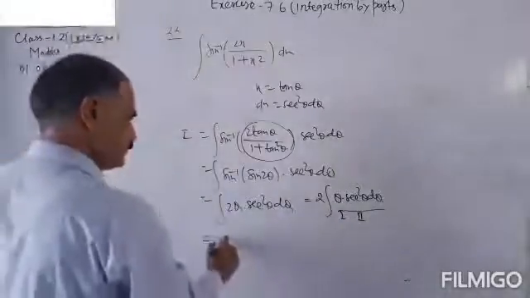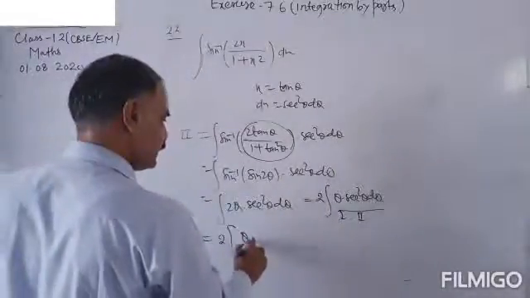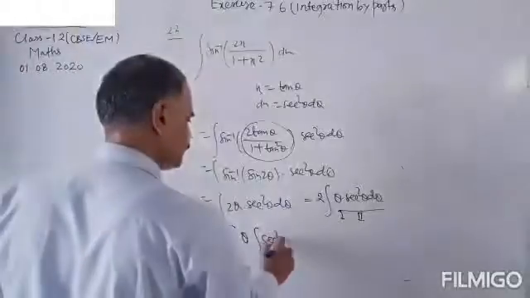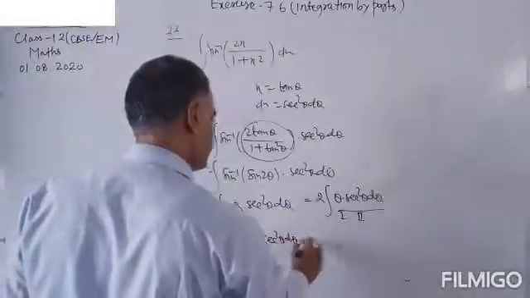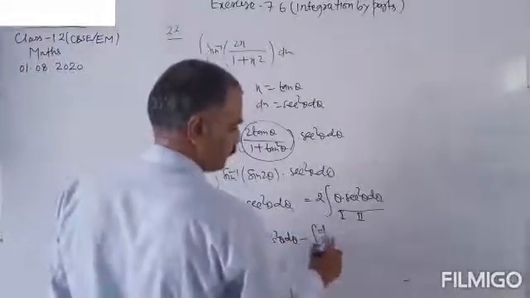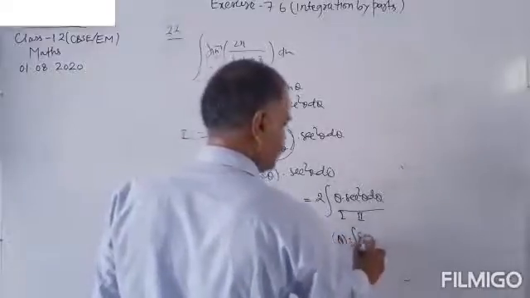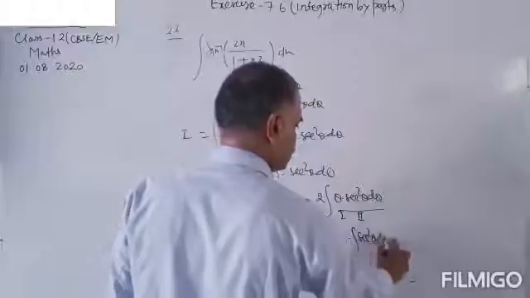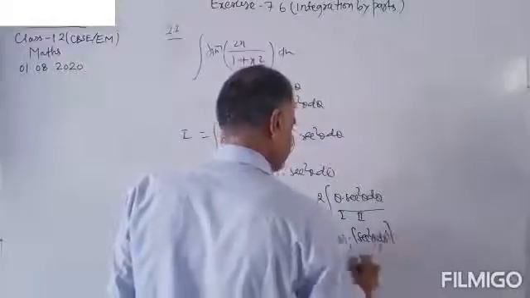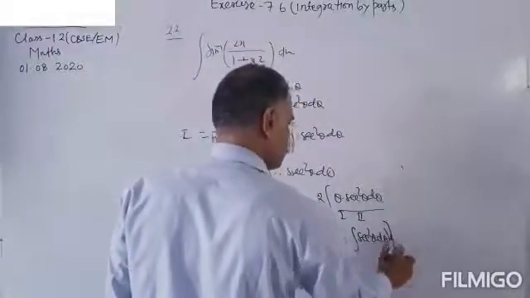So 2 into first function theta, integration of second function sec square theta d theta, minus integration of differentiation of first function, that is theta, integration of second function sec square theta d theta, and integration of the product of this.